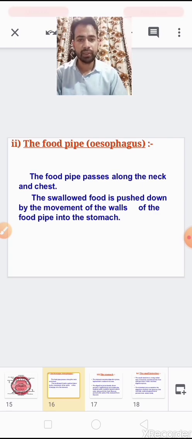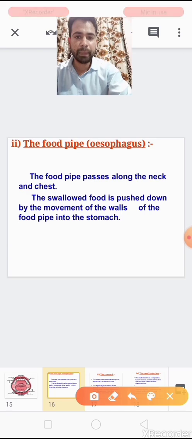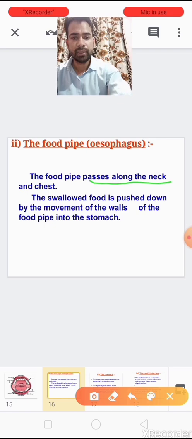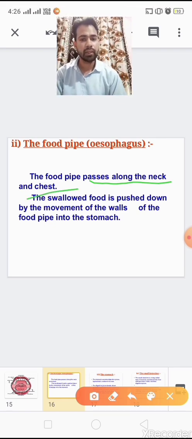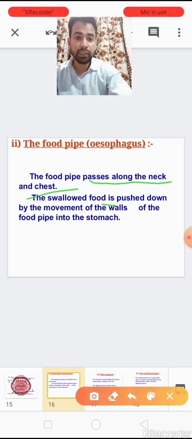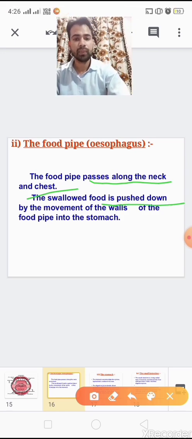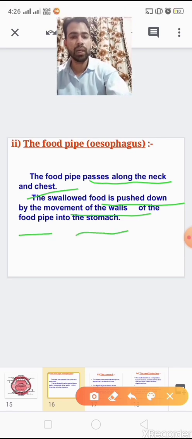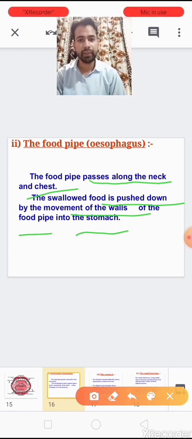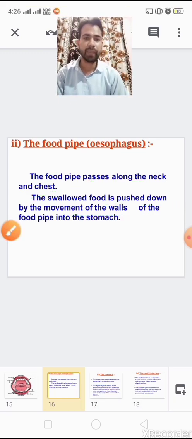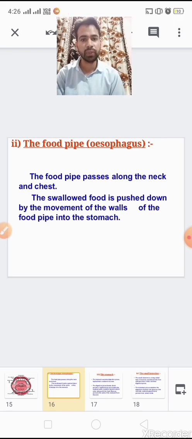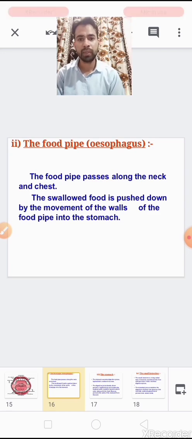The food pipe passes along the neck and chest. The food is pushed down into the stomach by the movement of the walls of the food pipe. Okay, clear about this food pipe? It is a pipe by which the food passes to the stomach from the mouth.